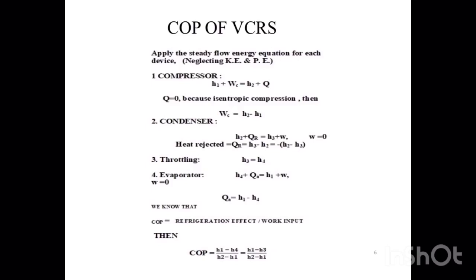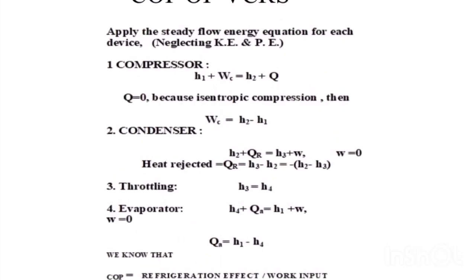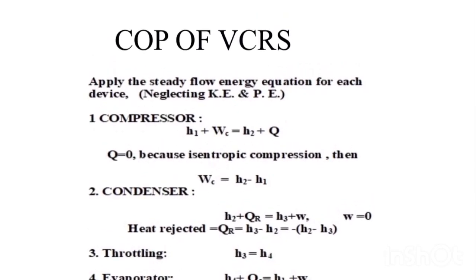Then we need to find out the COP of the VCRS. So how can we find it out? First, we apply the steady flow energy equation to each device or component, neglecting kinetic energy and potential energy changes. Okay. First, we apply this to the compressor. In the compressor, we have the inlet at point 1 and the outlet at point 2.